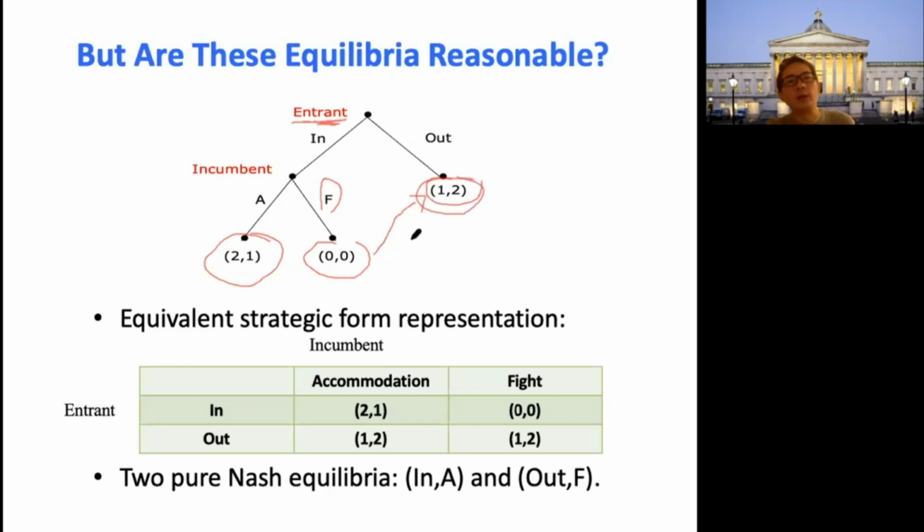But the problem is that player two, when they reach here, if they are rational, they were never going to play F, because A would always be better than F. If you compare this reward for them, this one is always larger than 0, therefore they always play A. So this is never going to be a punishment at all. That makes this not necessarily reasonable.